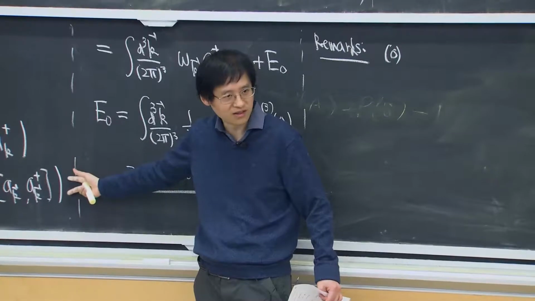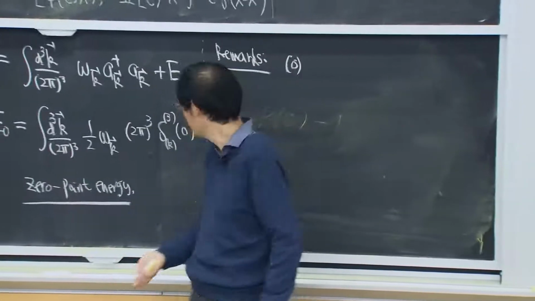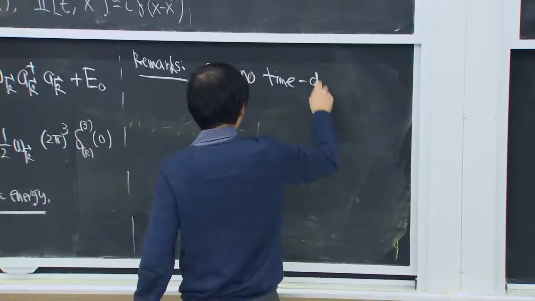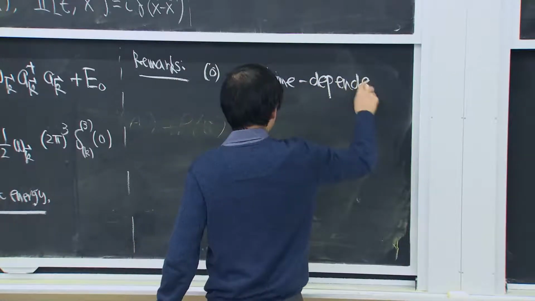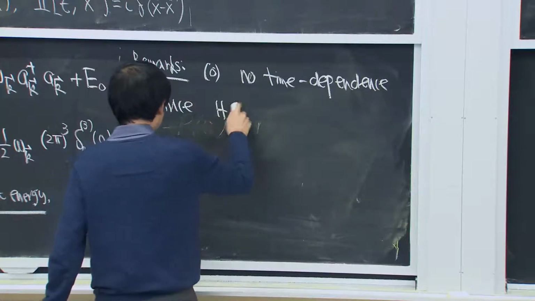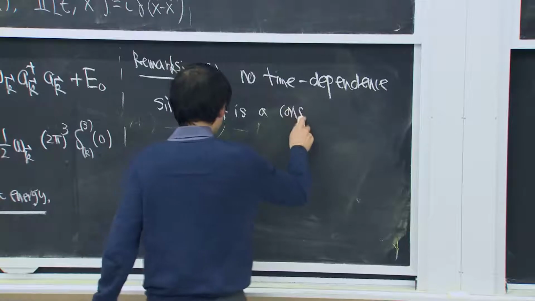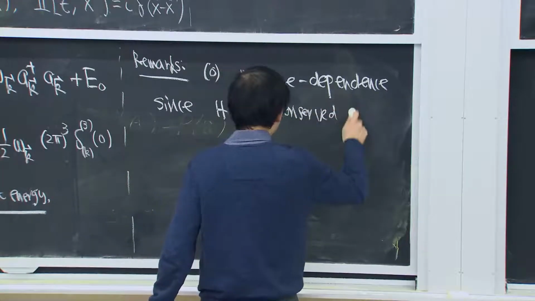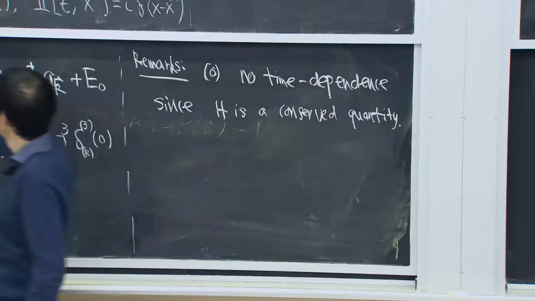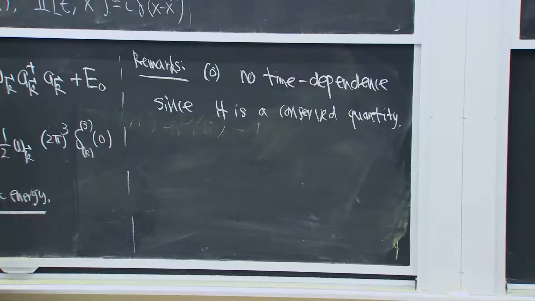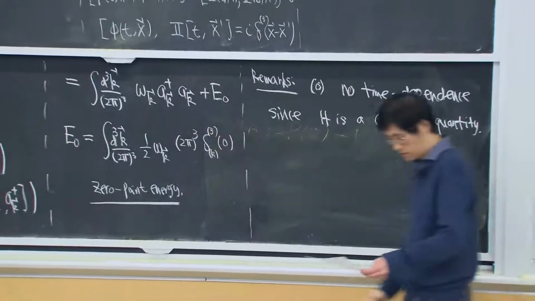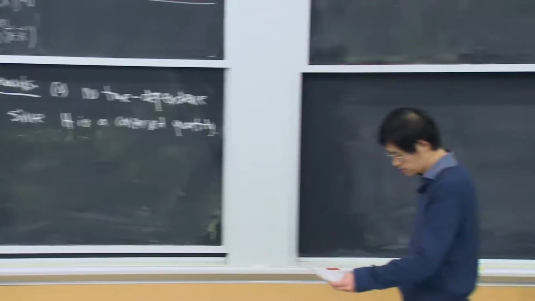We see it explicitly, since H is a conserved quantity. So this integration is absolutely crucial, because if you don't do the integration, the Hamiltonian density is not conserved. It's only the total Hamiltonian that is conserved.